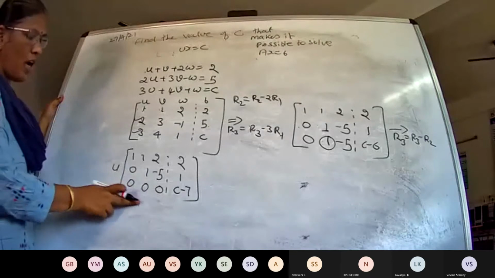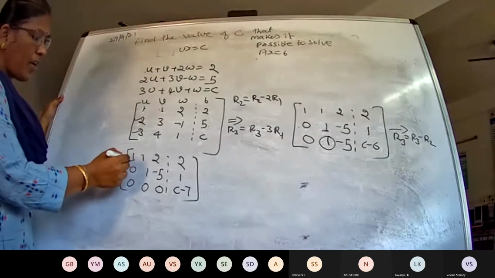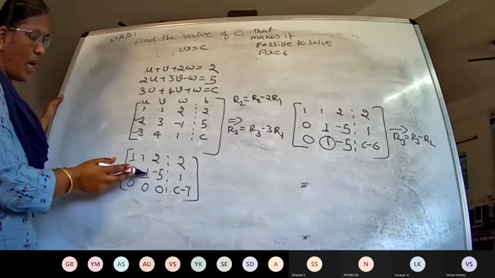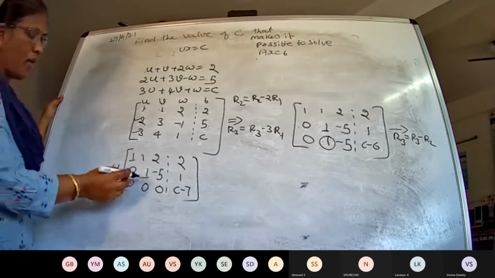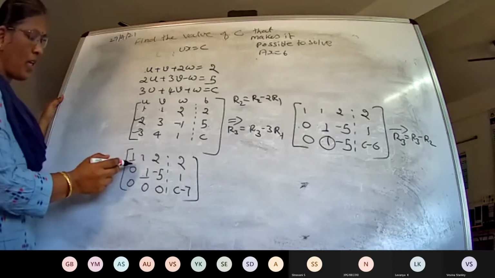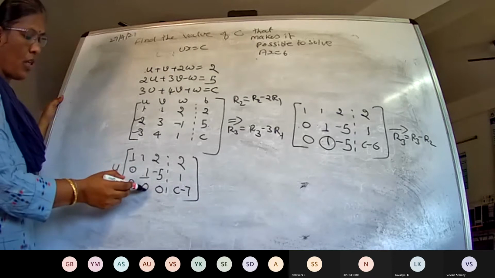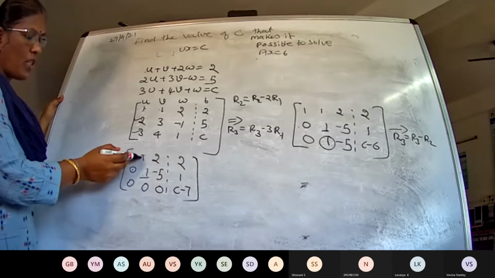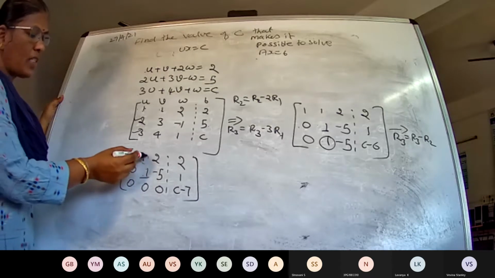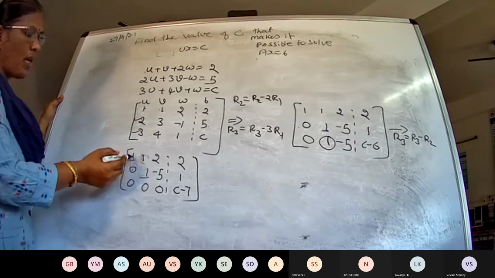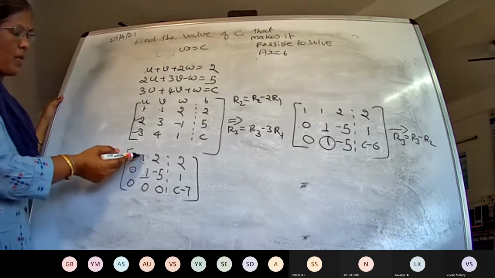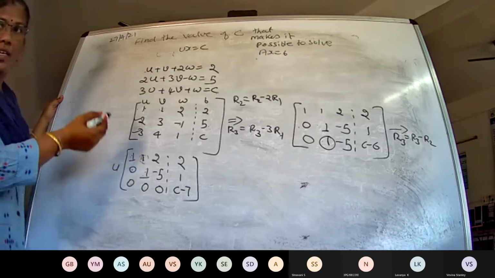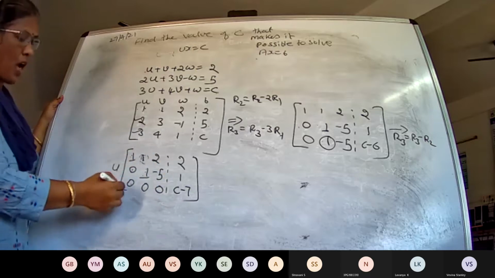See here, it is not R because the pivot elements are 1, but the elements below and above the pivot element should be 0 for R. So here it is 1, that is okay, and here below 0, here also below 0, but above this it is 1. If you want to make this 1 equal to 0, you can subtract R1 minus R2 so that this 1 minus 1 becomes 0 and 1 remains as it is, and that becomes your R.